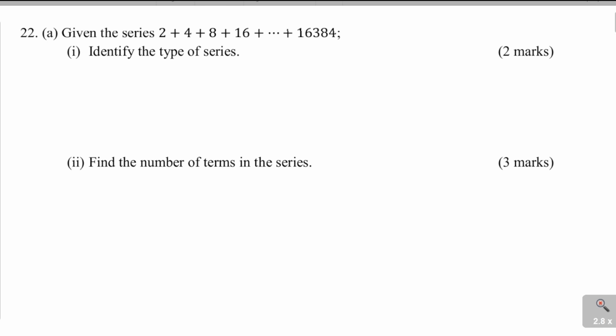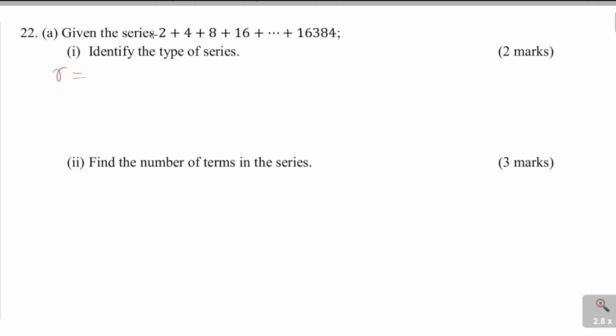To identify this type of series, you have to study it and note what is happening from one term to the next: from 2 to 4, from 4 to 8, 8 to 16, and so on. Those will show you that there is a common ratio.